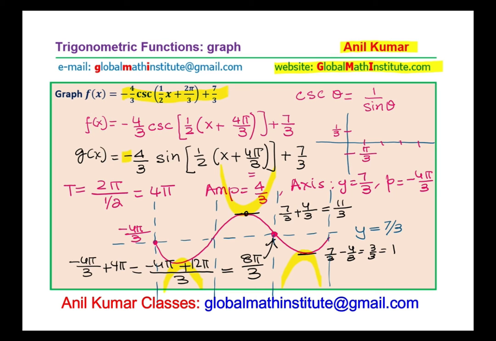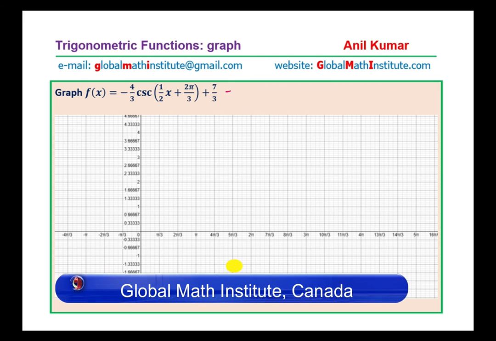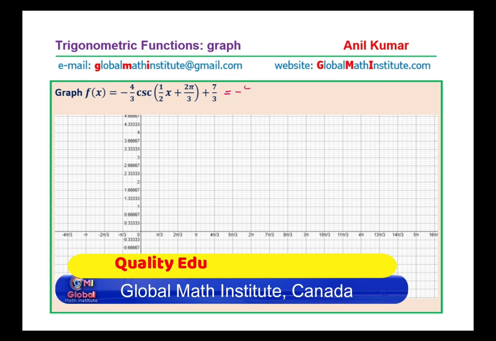Perfect. So once again, let us now sketch it on the graph paper, right? So here we have a graph paper. As you can see, what we did was we wrote this function as minus 4 by 3 cosecant. We factor out half, correct?